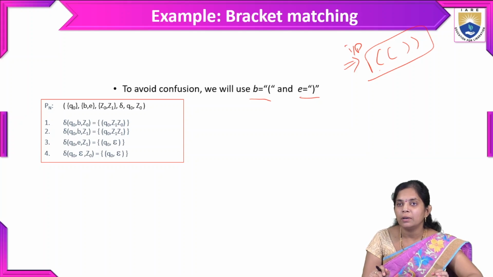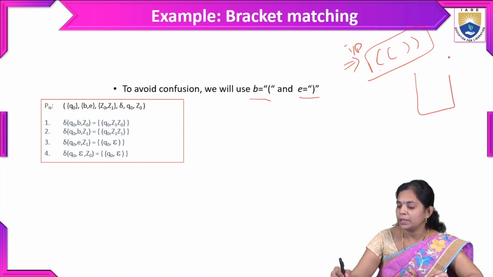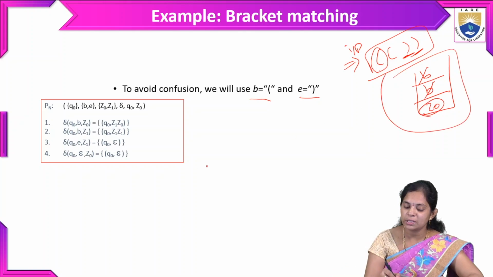Along with Z1, while reading an open brace, we need to push B into the stack, and there are 2 B's. While reading a closing brace, we need to pop one B and then pop another B also. With this we reach Z0. This entire process is represented in the transition functions.